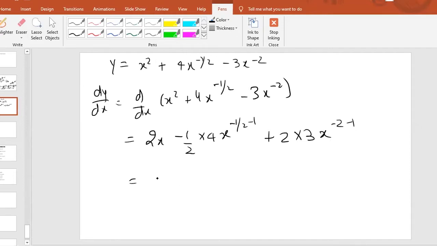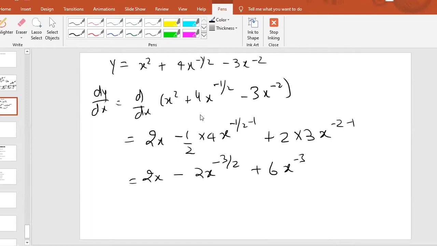So this 2 and this 4 will cancel out. We'll get 2x minus 2x power minus 3 by 2 plus 6x power minus 3. That is the answer. So how many of you got the answer correct? Very good. So most of you have got the answer correct.